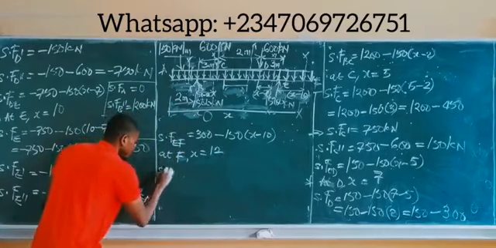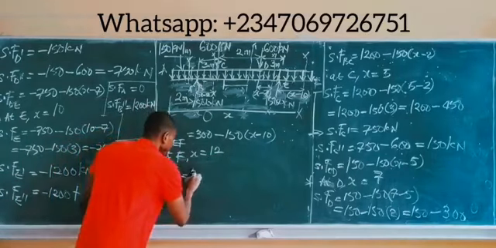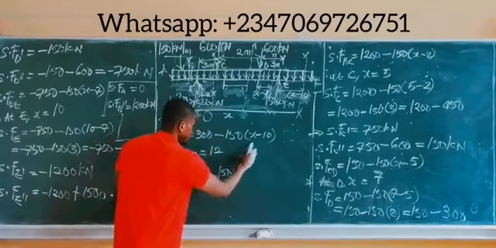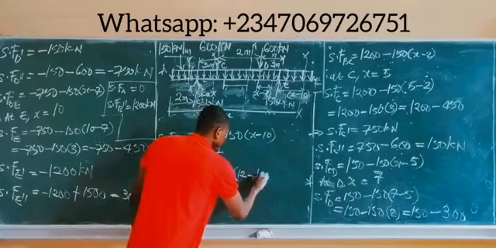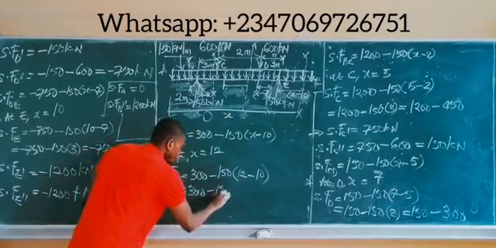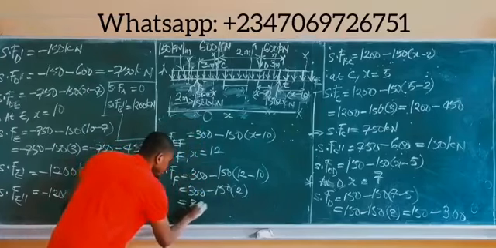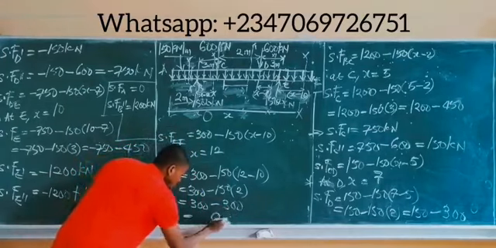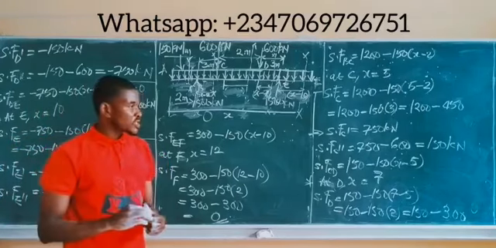Therefore, shear force at point F is equal to 300 minus 150 into 12 minus 10. 12 minus 10 is 2, so this is 300 minus 300, and that equals 0. So at the end of every shear force analysis, we must always obtain 0 as the answer.